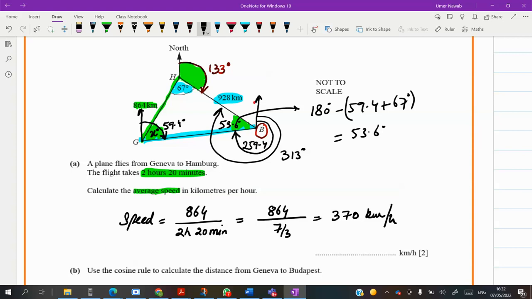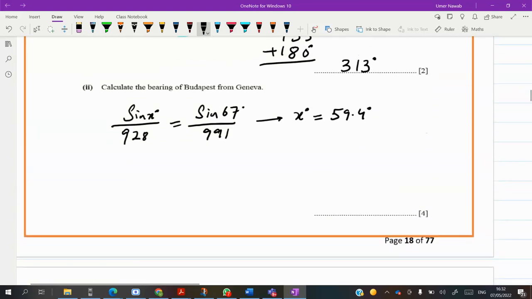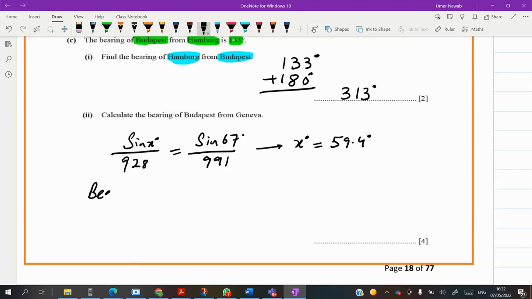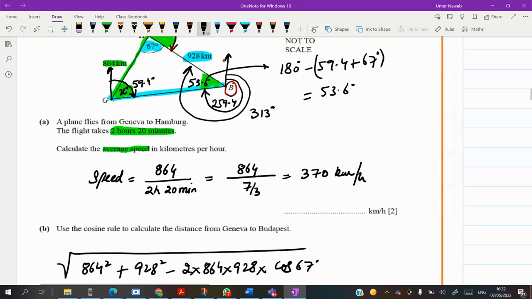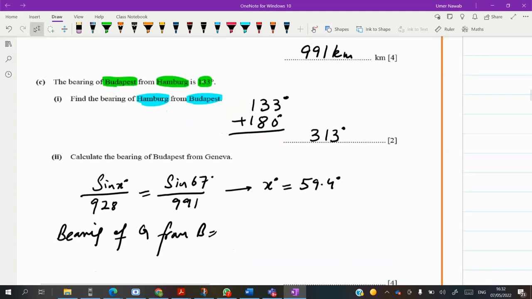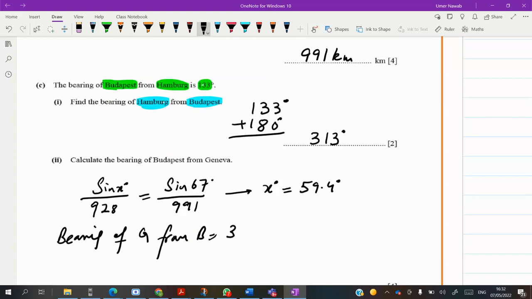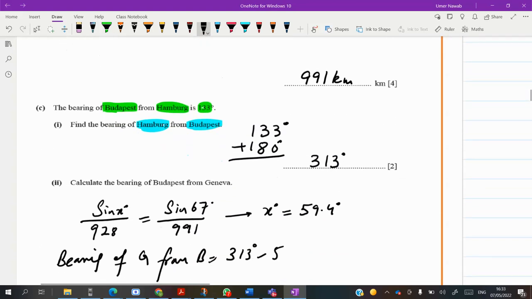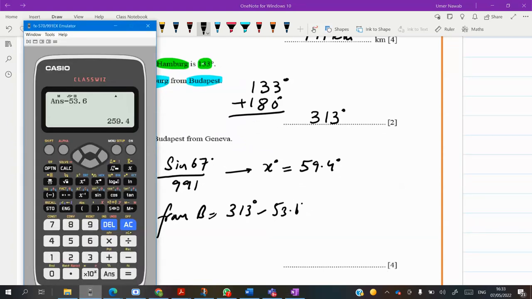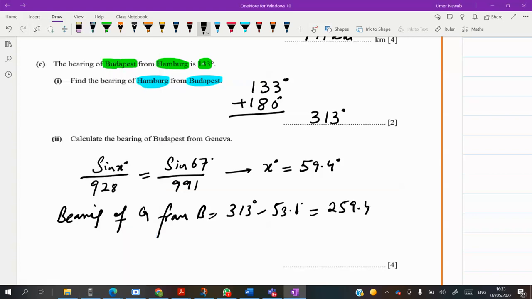And this is the bearing of G from B. The bearing of G from B is 313 minus 53.6, which is 259.4.